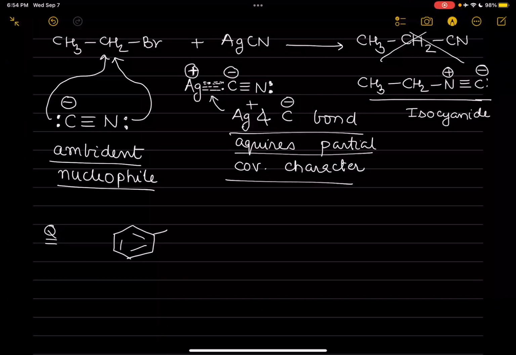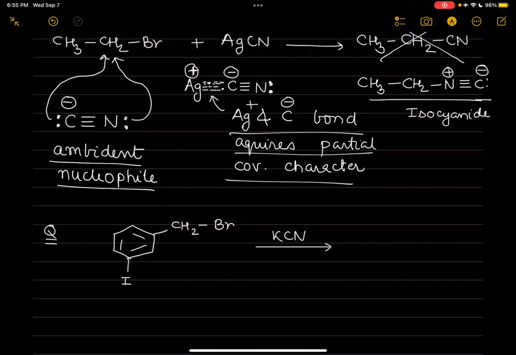So let me ask one more question. This is a benzene ring, all of you know. What's going to be the answer of this question?